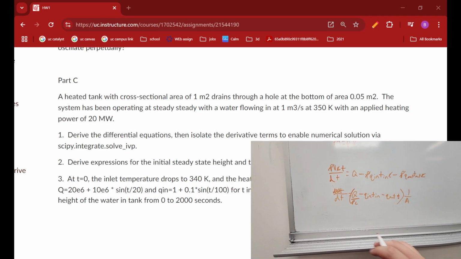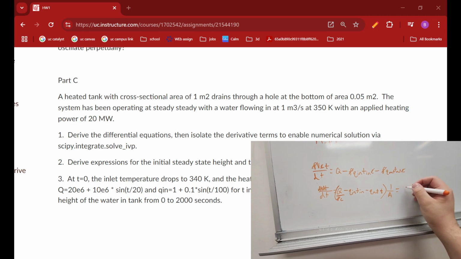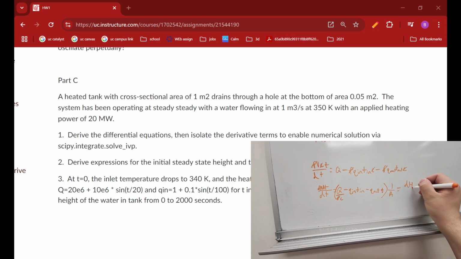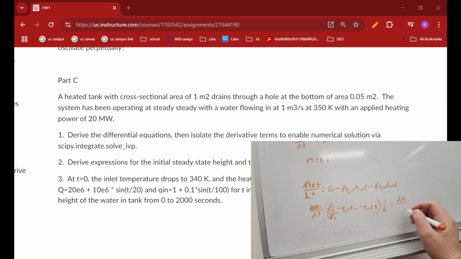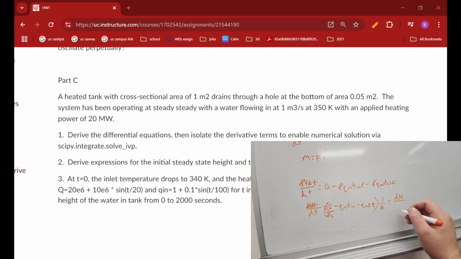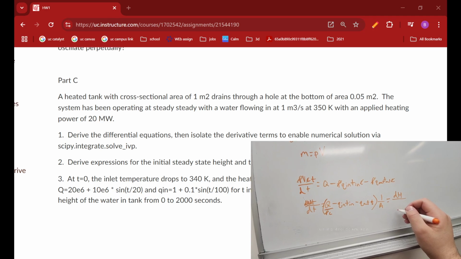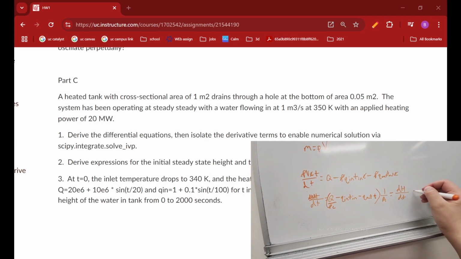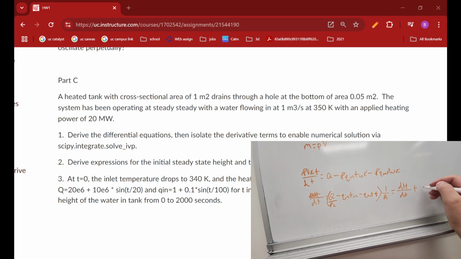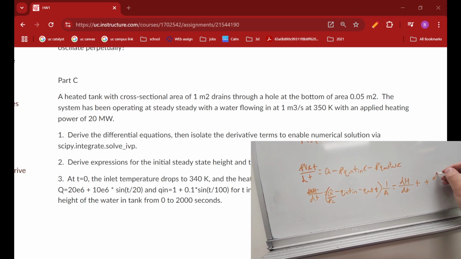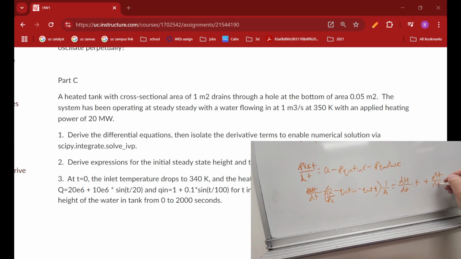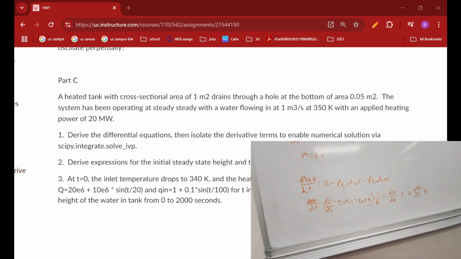And then, since this looks like a mess, we know that that can be equal to dh/dt times T plus dT/dt h.